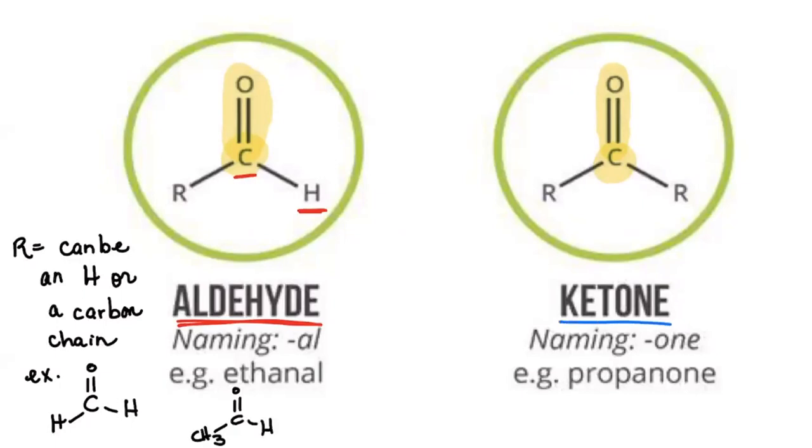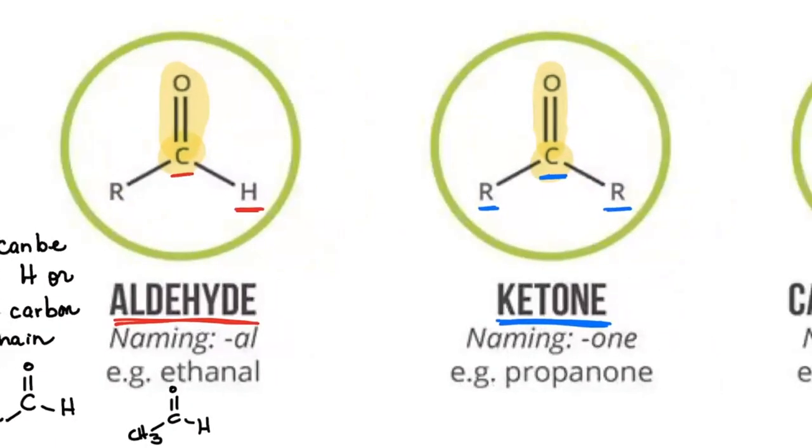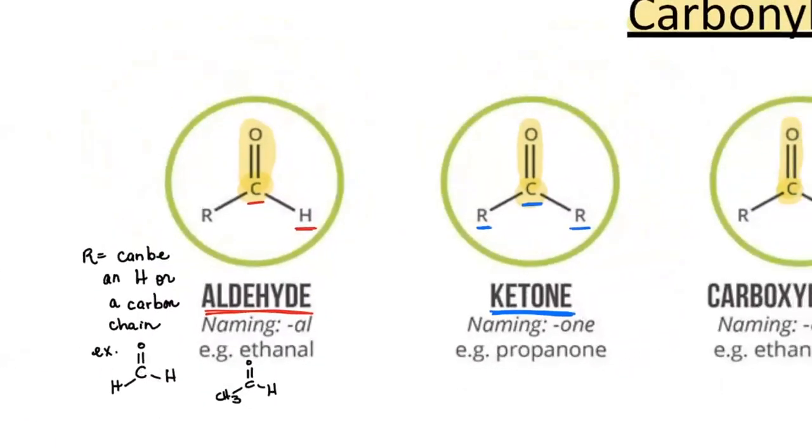Then we have the ketones, okay? So what is a ketone? A ketone is when I have a carbonyl, and then you have two R groups on either side. For a ketone, the R group must be carbon chains.